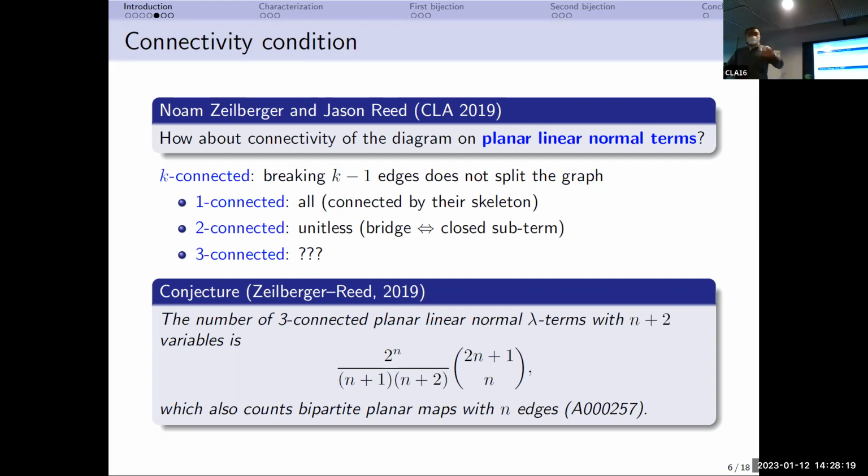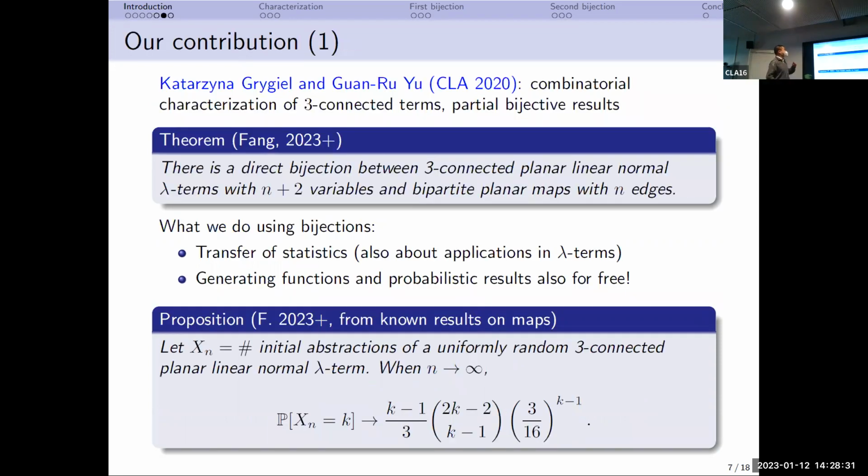Okay, so with this kind of conjecture, we are inclined to try to find a bijection between these two families. And indeed, in the next edition, Yakasia and Guanru, who had worked a bit on it, first found a combinatorial characterization for three-connected terms, because we need to know what these terms are before counting them, of course.